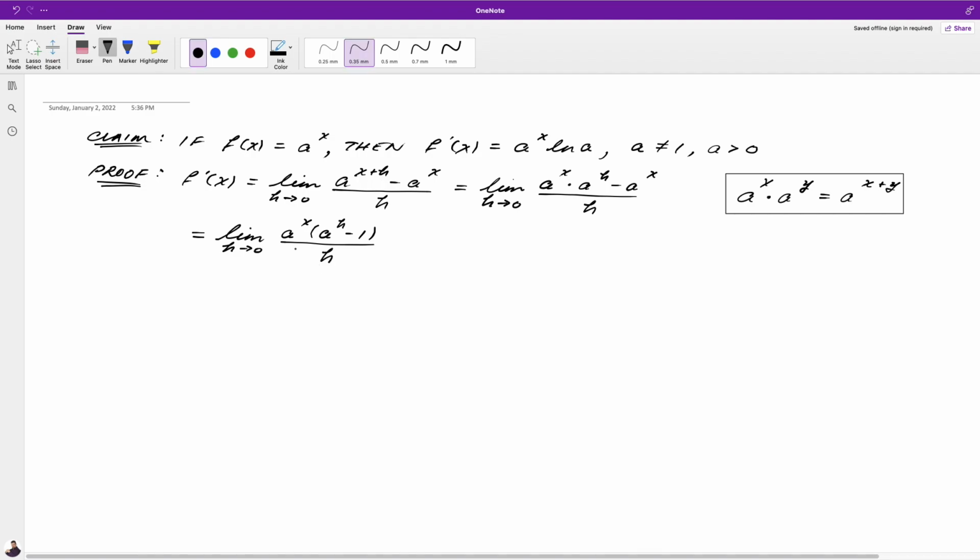We can see here that the limit is dependent on h. It's not dependent on a or x. So we can actually take this a to the x factor out, and we can write this as a to the x times the limit as h trends to 0 of a to the h minus 1 over h.